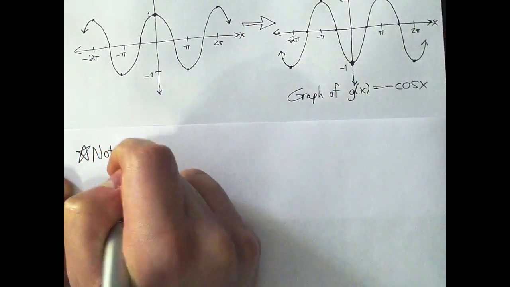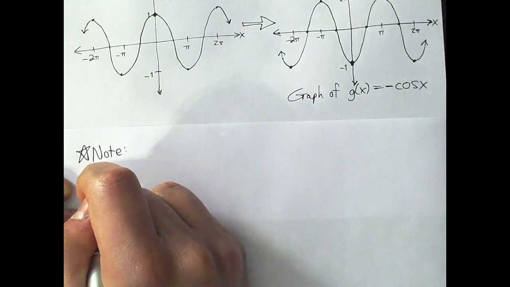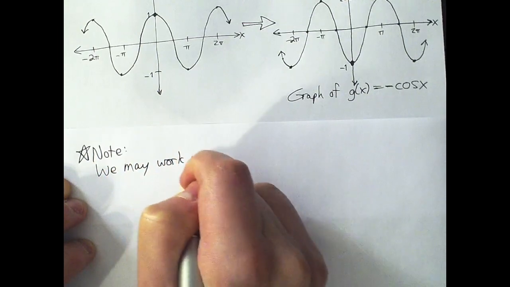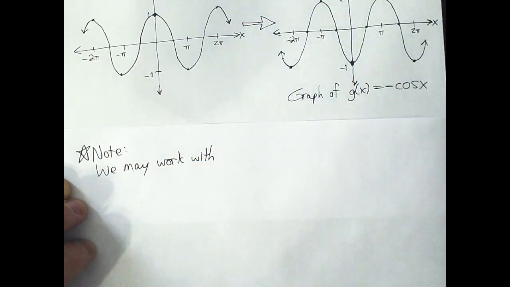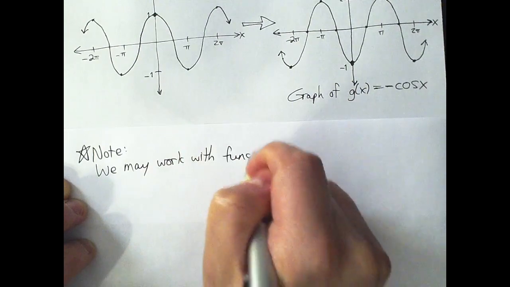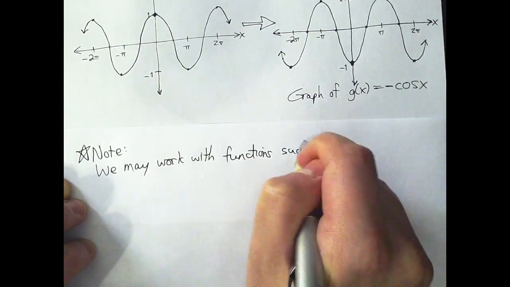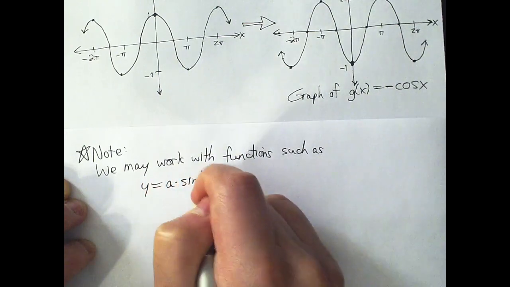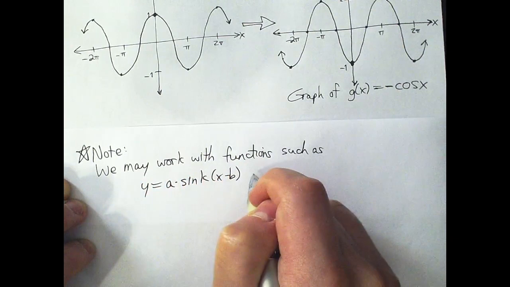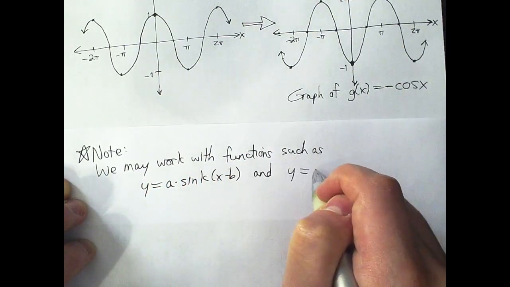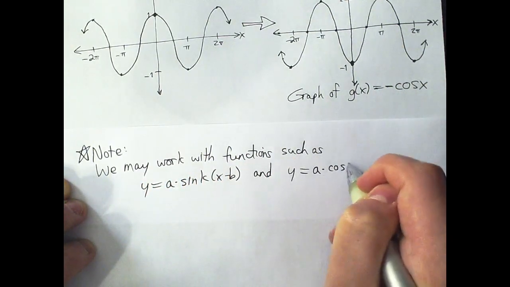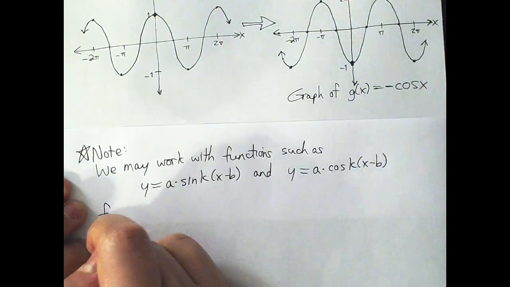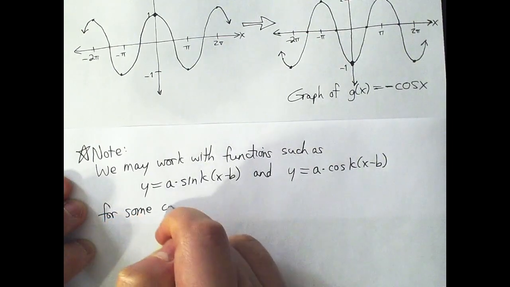Note: we may work with functions such as y equals a times sine of (k x minus b), and y equals a times cosine of (k x minus b), for some constants.